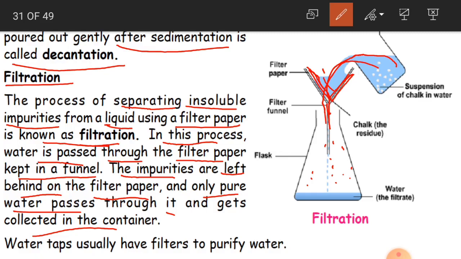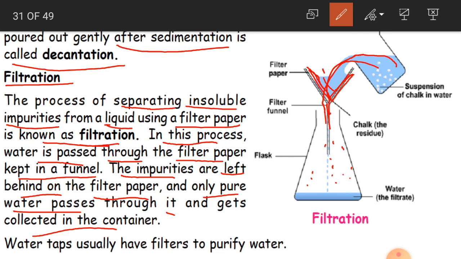But tea powder is insoluble, so it is collected in the filter. Only the tea, the combination of milk and water along with the sugar, the tea color and flavor, is collected in the container, but the tea powder stays in the filter.